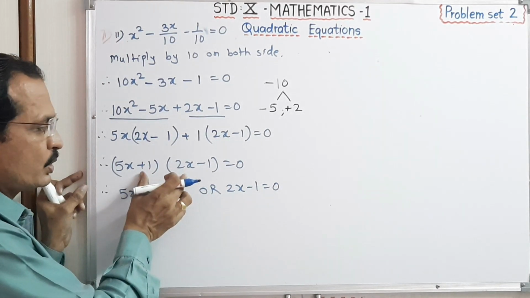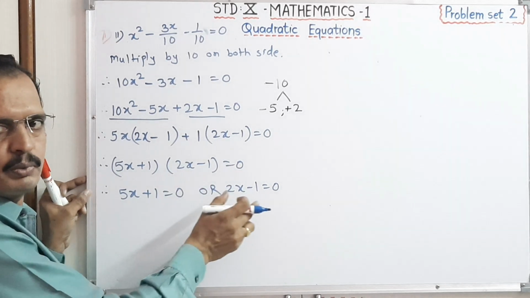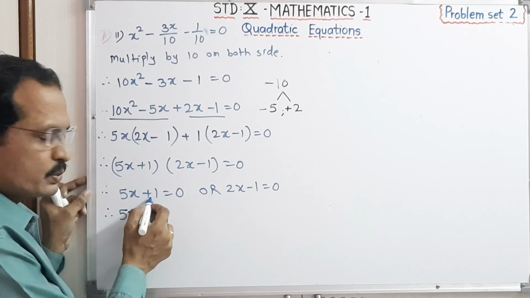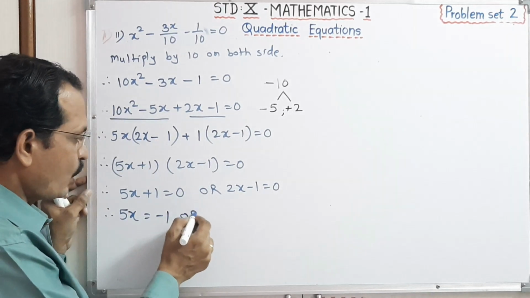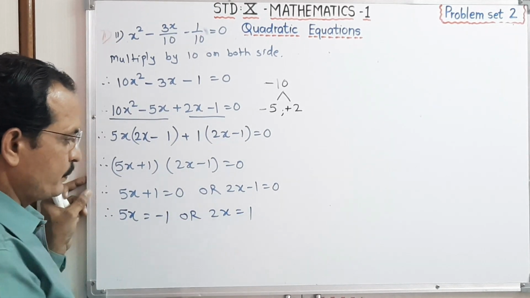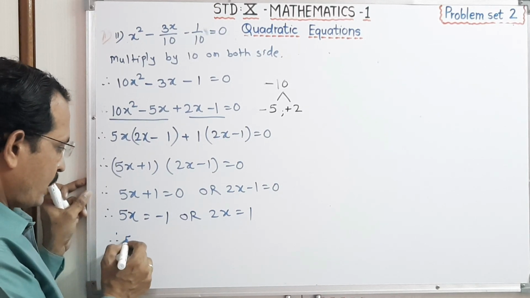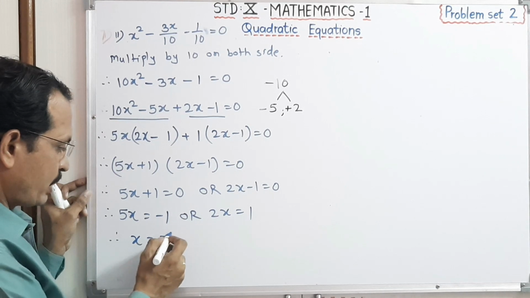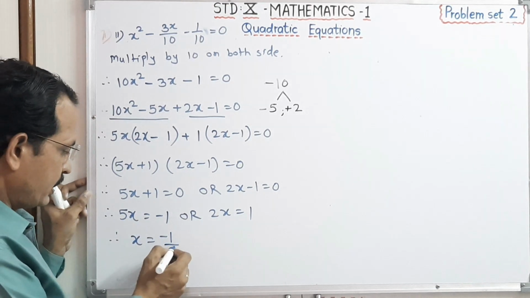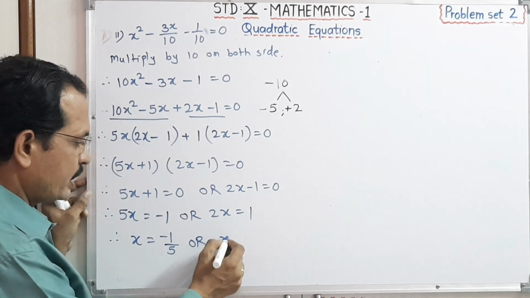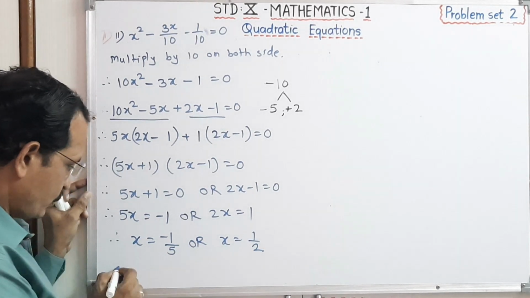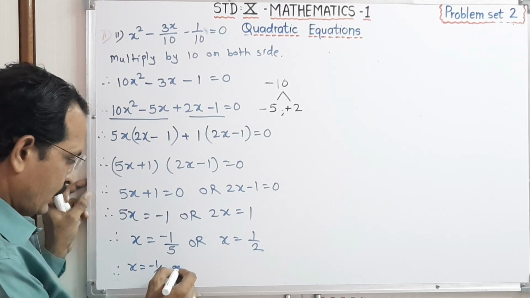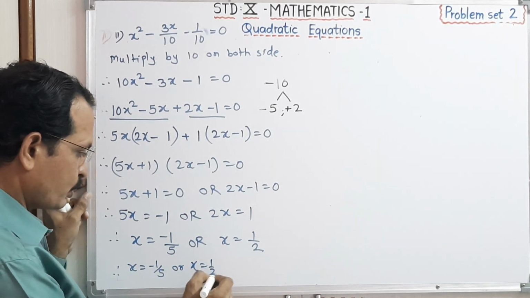As the multiplication of two numbers is 0, any one of these is 0. Therefore we write 5x is equal to minus 1, or 2x is equal to 1. Here x is equal to minus 1 and this 5 gets divided, or we get x is equal to 1 upon 2.